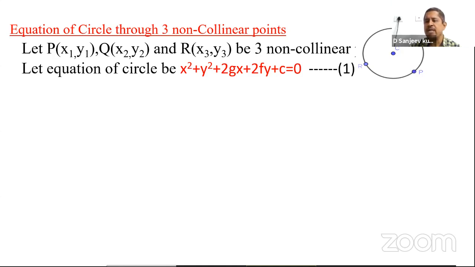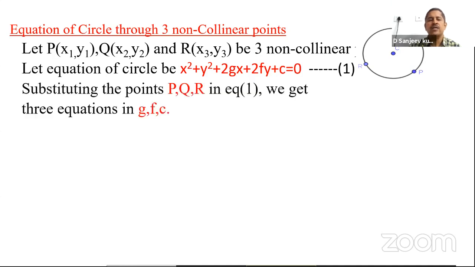Likewise, the second point Q should satisfy the equation of the circle, and the third point R should satisfy the equation of the circle. So first substitute the values of P, Q, R in equation 1. When you substitute the values of P, Q, R in equation 1, you are going to get 3 equations in terms of g, f, c.